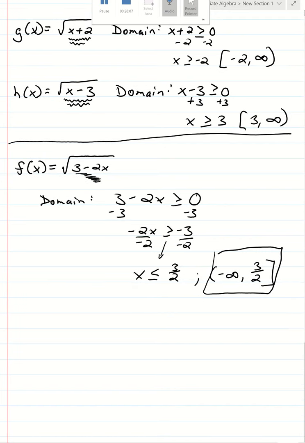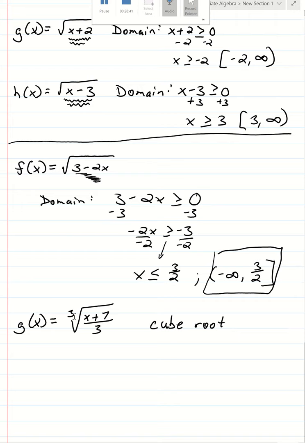Let's just do one more. What if we had g of x equals, let's say, the cube root of x plus 7 divided by 3. Now, don't overthink this, okay? This is actually a 2-second problem. As soon as you see that we are dealing with a cube root, as we are here in g of x, all the other functions we were talking about in terms of the domain were square roots.